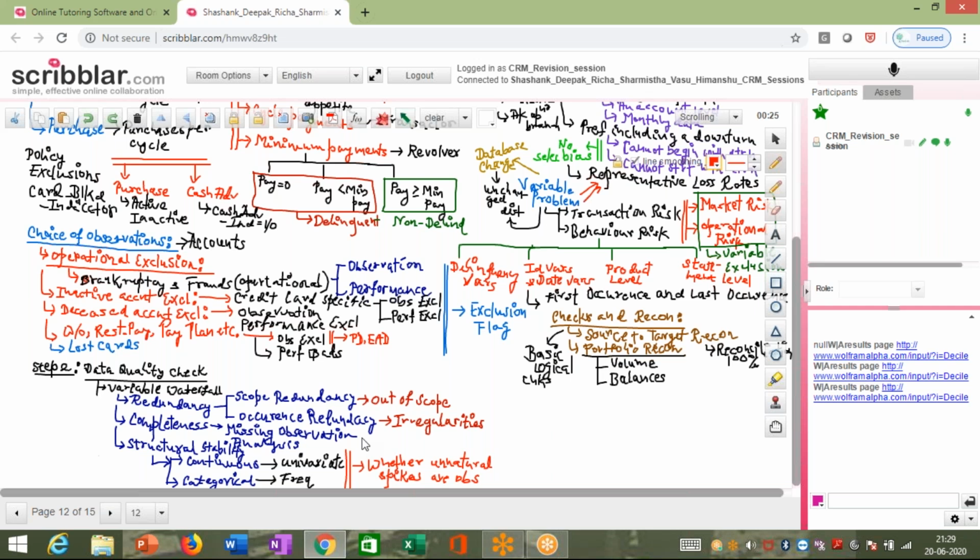If it's a part of the definition of the variable, then we cannot do it. But what we can do is decategorize.